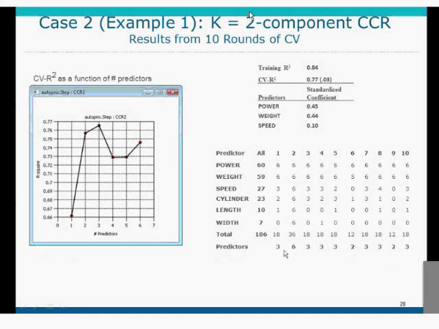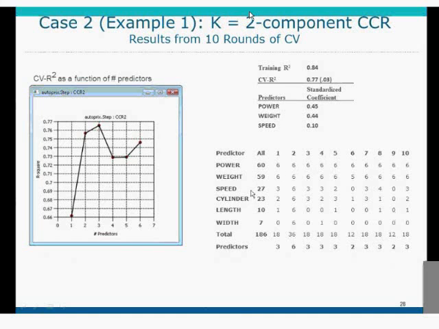So this is nice supplemental information, and it also counts, in the rounds where there were 3 predictors, how many times power was included among the 3 predictors, how many times weight was included, etc. We can see here that overall power was included 60 times, weight 59, speed 27, cylinder 23. So it gives us another measure of variable importance.